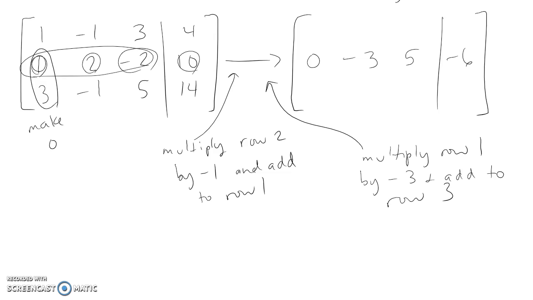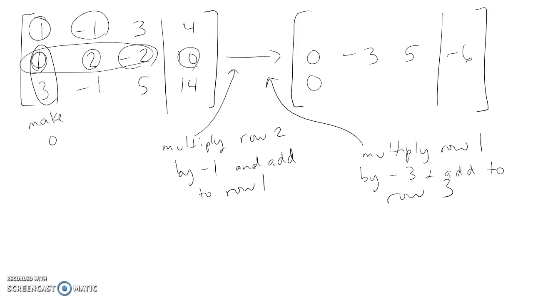So 1 times -3 is -3, plus 3 is 0. -1 times -3 is 3, plus -1 is 2. 3 times -3 is -9, plus 5 is -4.